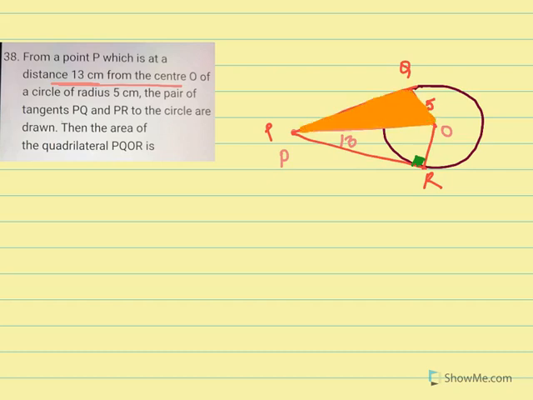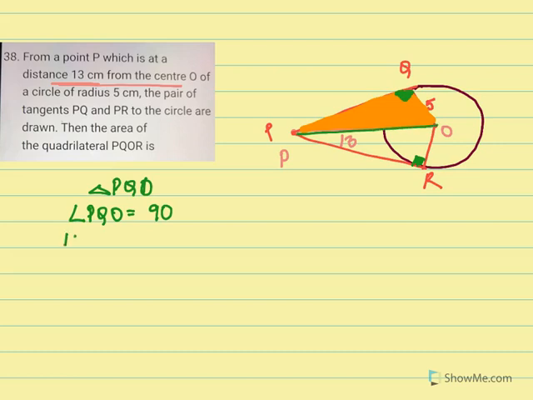Now in this triangle, we know this angle is 90, so I can use my Pythagoras theorem. So I take up triangle PQO, and here we have angle PQO equal to 90. This will be the hypotenuse, opposite the 90 degrees.